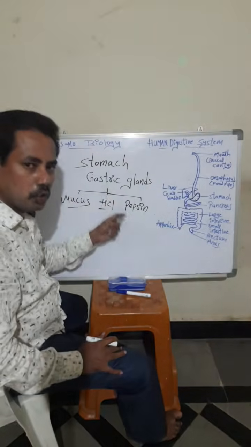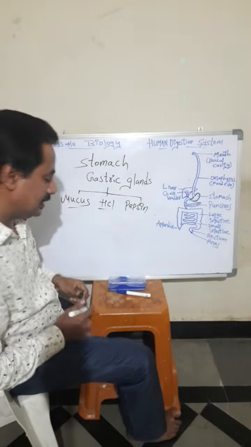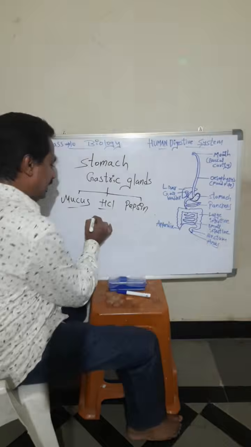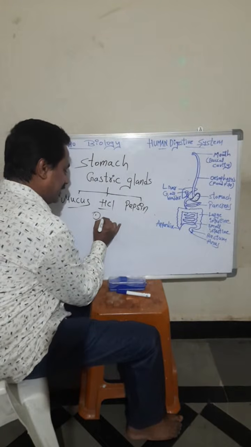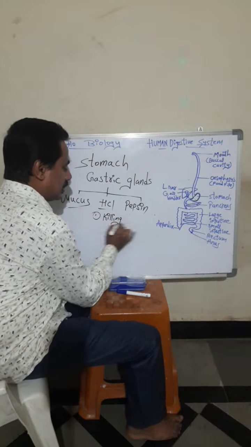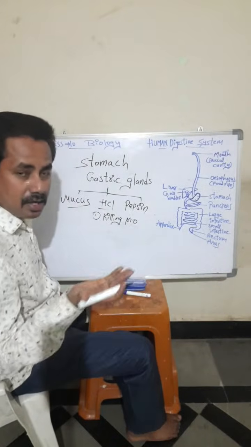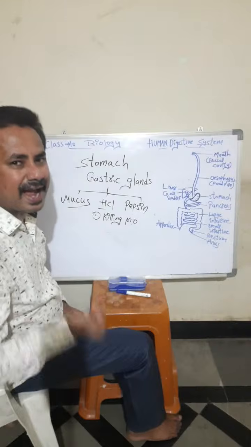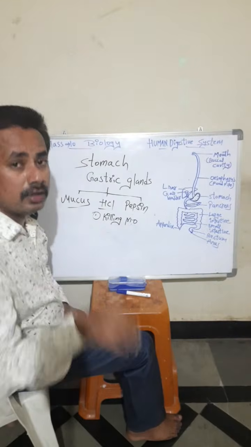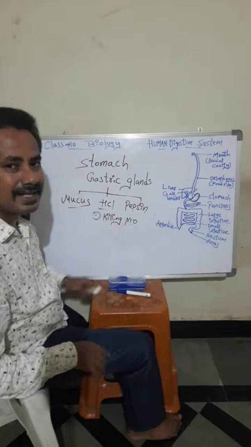HCl, hydrochloric acid. What is the function of HCl? It has two functions. One is killing the microorganisms. Bacteria are everywhere, on our hands, clothes, plates, food. So they have to be killed, by whom? By HCl acid.